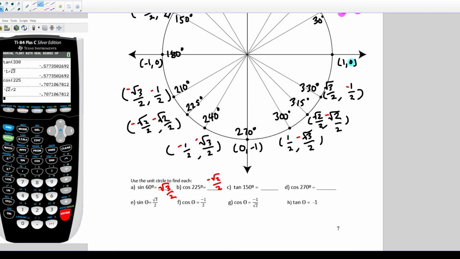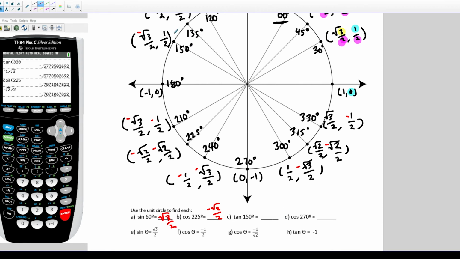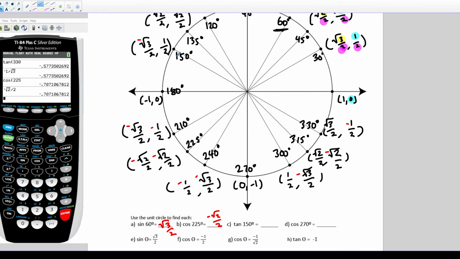Moving on to tangent of 150 degrees, we're going to come up here, and we know that the tangent of some angle is always y over x. So we're thinking of y over x. That means we're looking at 1 over 2 divided by negative root 3 over 2.